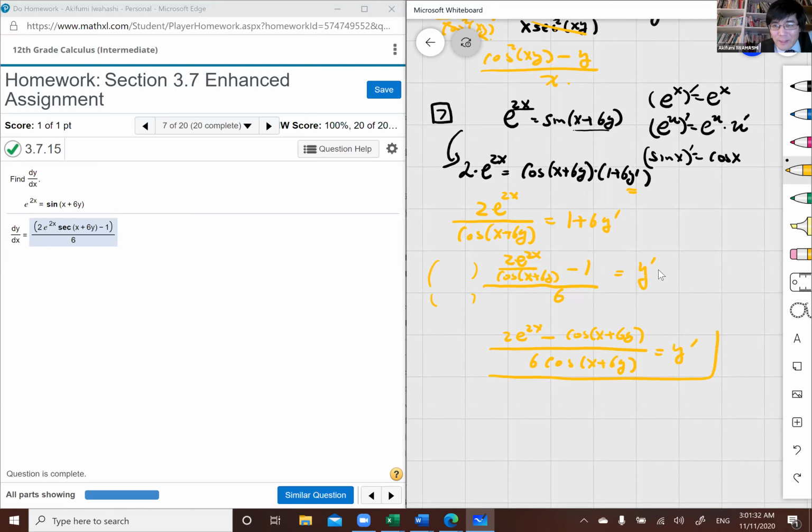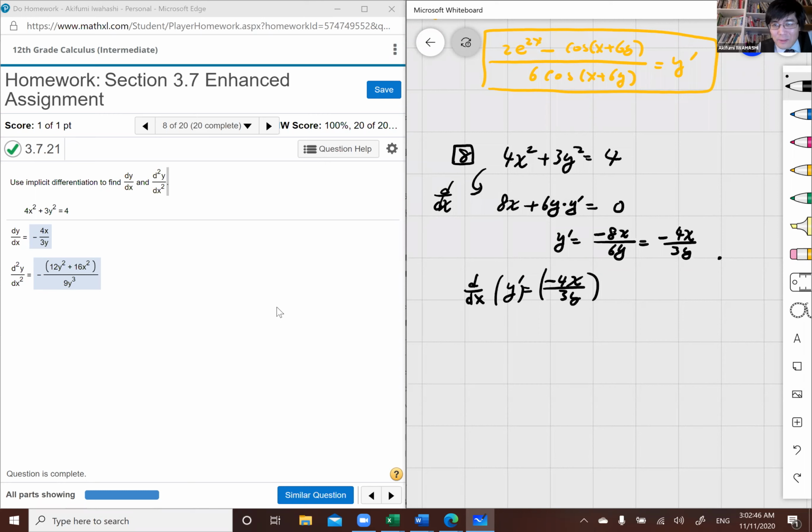Now I need to find y dash dash. So again, I have to differentiate this expression. I'm going to differentiate both sides with respect to x. Derivative of y dash is y dash dash. Derivative of this part, you have to use the quotient rule.